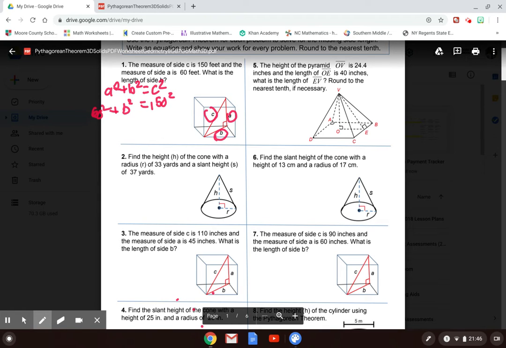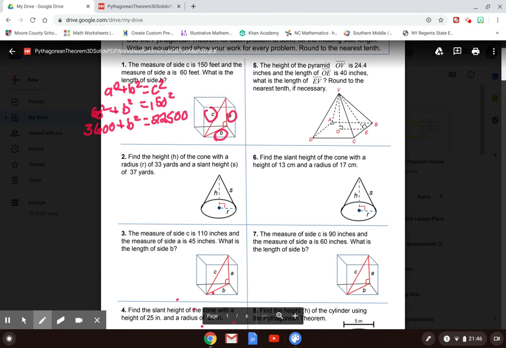So 60 squared is going to be 3,600. And then 150 squared is 22,500.